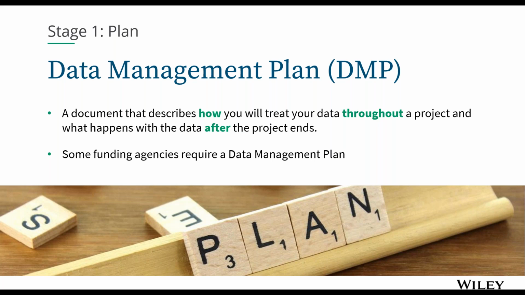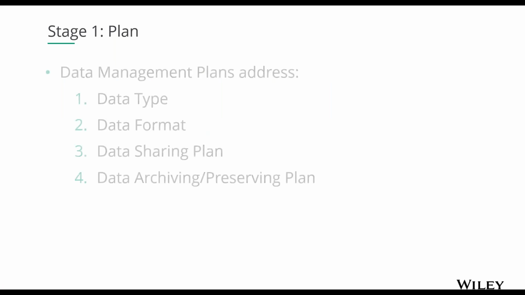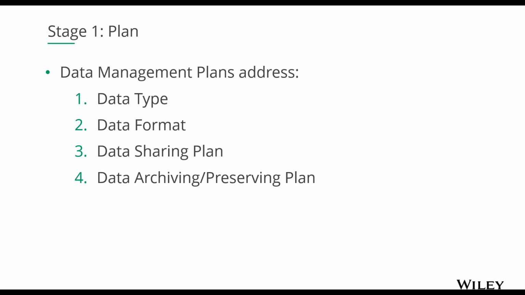As I mentioned earlier, some funding agencies require a data management plan. In the United States, this includes the NIH and the National Science Foundation. So I'm going to go through the requirements and the standards for the DMP of the National Science Foundation. But what you want to know for any data management plan is that there are 4 specific things you need to address.